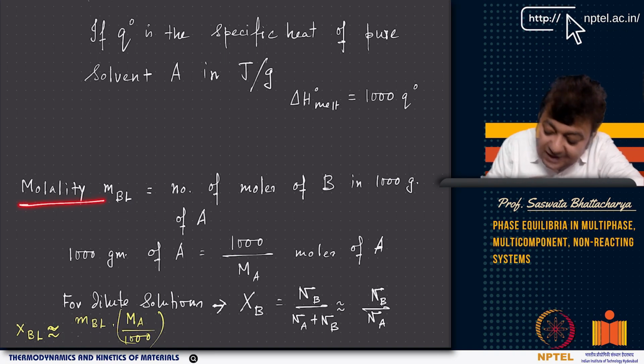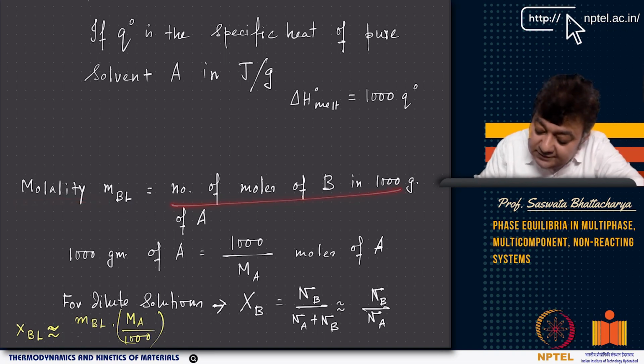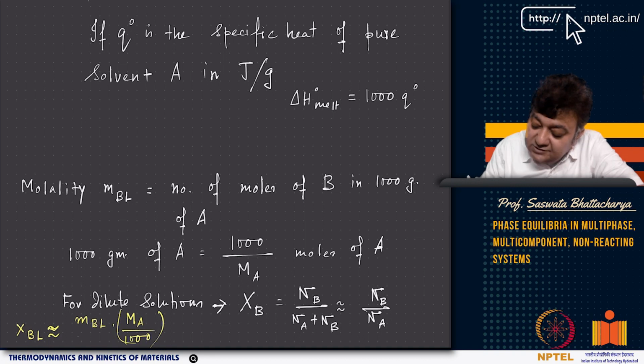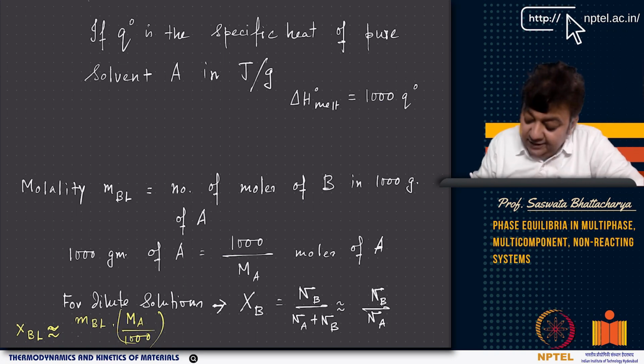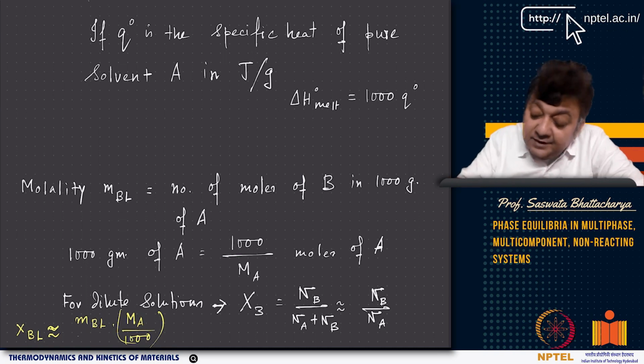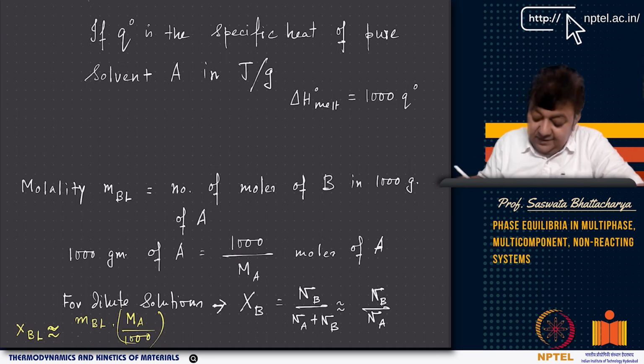We are going to use molality. Molality is number of moles of B in 1000 grams or 1 kg of solvent A. So 1000 grams of A is nothing but 1000 by Ma moles of A, where Ma is the molecular weight or atomic weight of A. And for dilute solutions, XB, which is NB by NA plus NB, is nothing but approximately NB by NA, and you can write XB liquid as approximately MBL, the molality of B in the liquid state, times Ma by 1000, right?